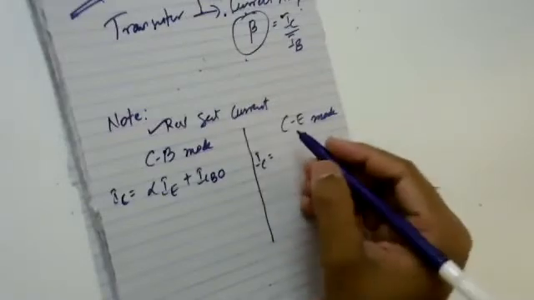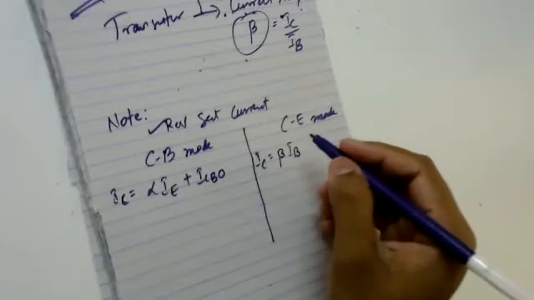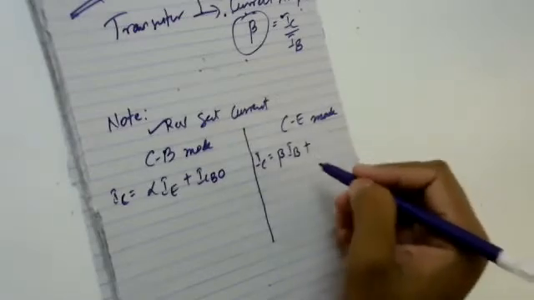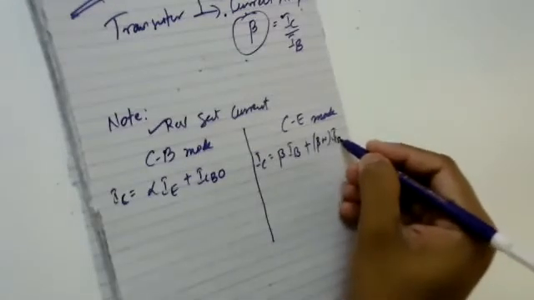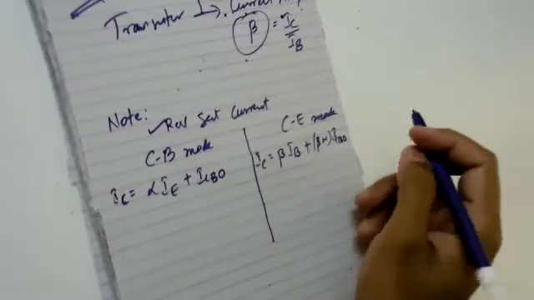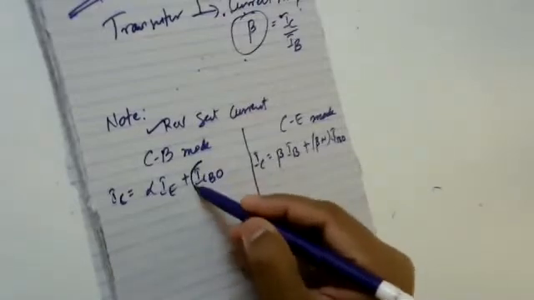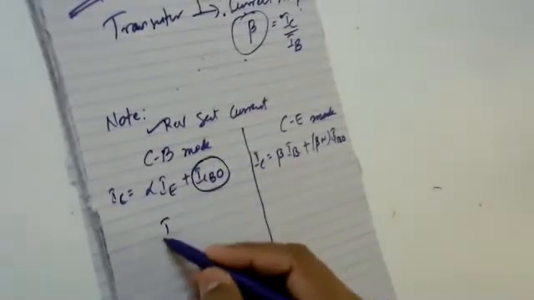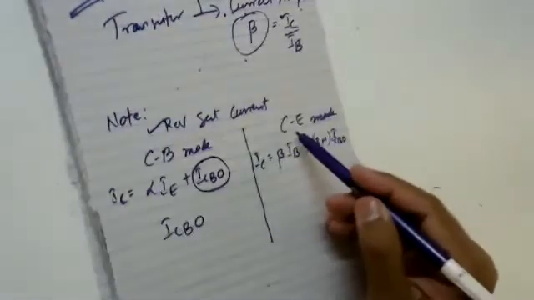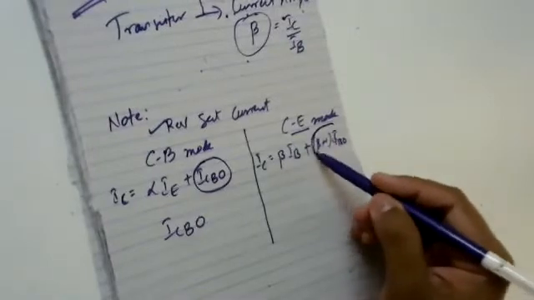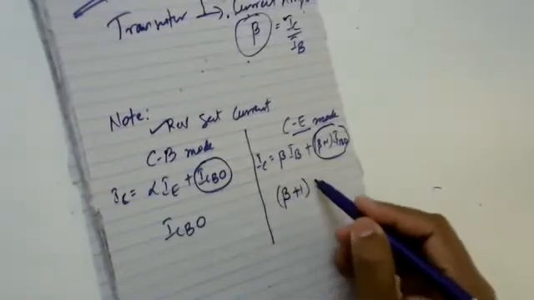IC is equal to beta times IB plus beta plus 1 times ICBO. Now, in case of your CB mode, what's your reverse saturation current? Reverse saturation current is just ICBO. Agreed? What is the reverse saturation current in case of CE mode? In CE mode, reverse saturation current is beta plus 1 times ICBO.